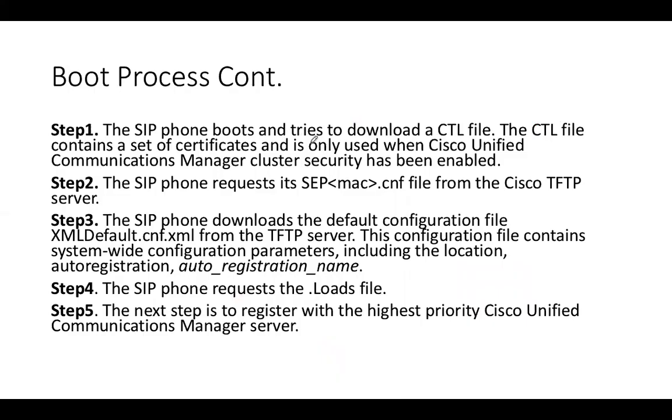So the phone boots and tries to download the CTL file, which contains a set of certificates. Then the phone requests its MAC address CNF file from the TFTP server, XML default.cnf XML. The phone requests the loads file also, and the next step is to register with the highest priority call manager server.